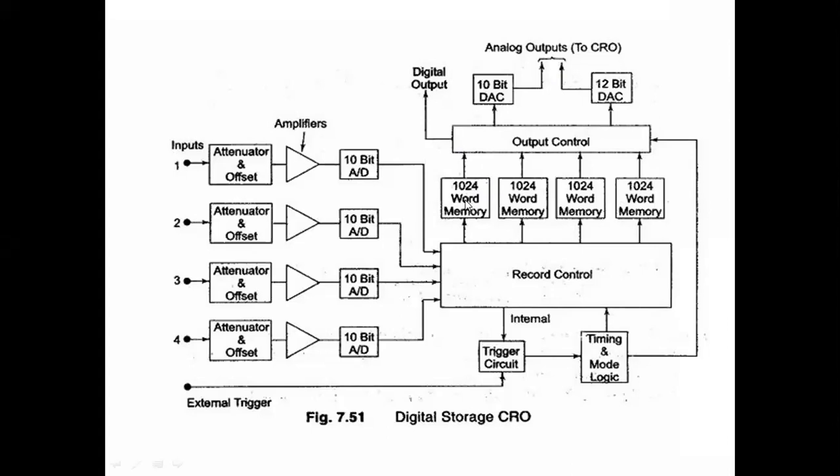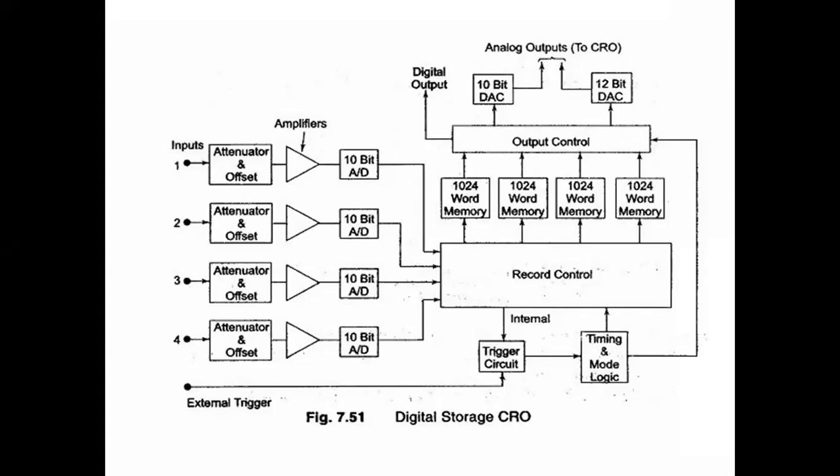Suppose I retrieve the data in the first memory section and apply it to the vertical amplifier of the CRO, and we get the output. That same data can be used for the digital display in digital form, on a 7-segment display.